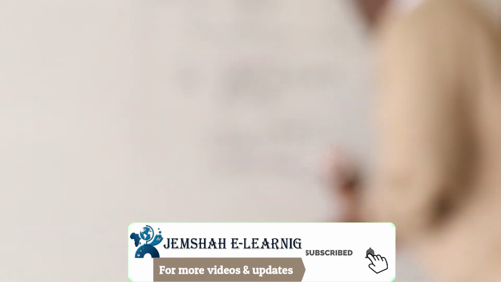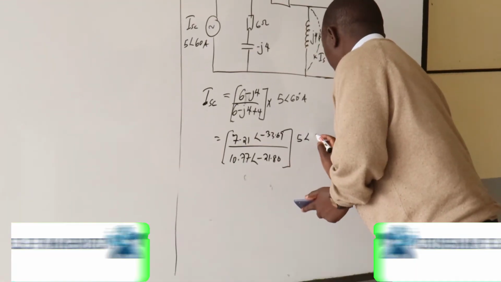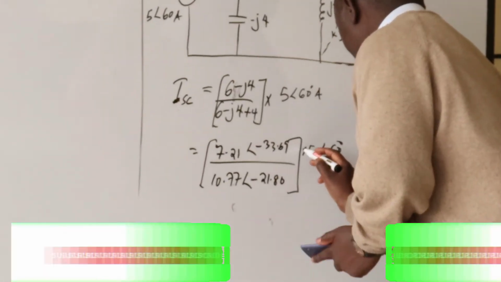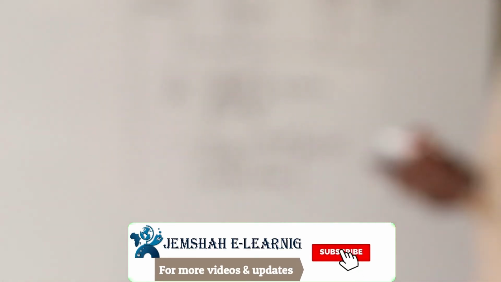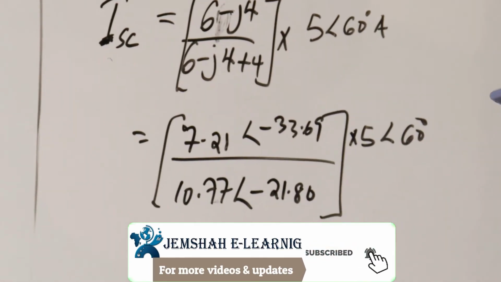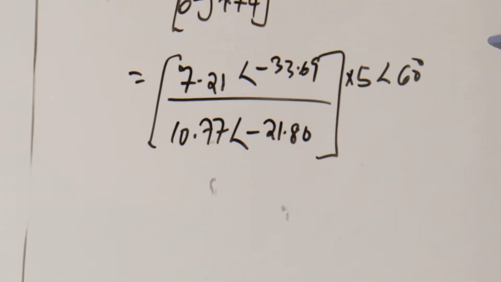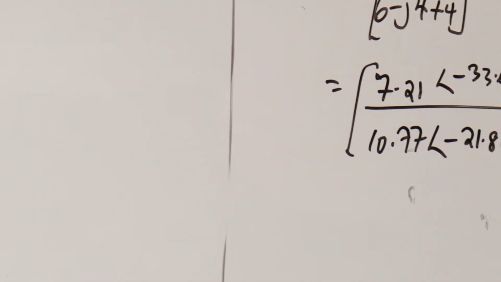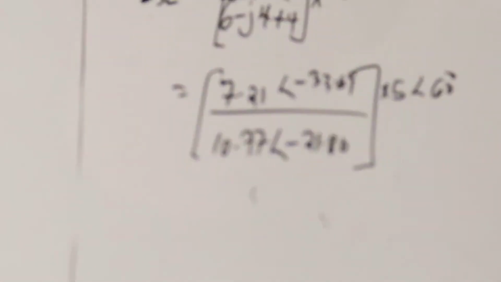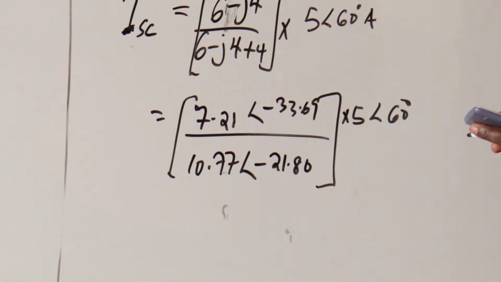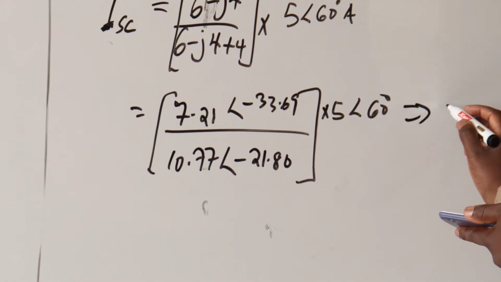This is what is multiplied by 5, the angle is 60 degrees. When we divide, we divide 7.21 by 10.77, and whatever I get is multiplied by 5.